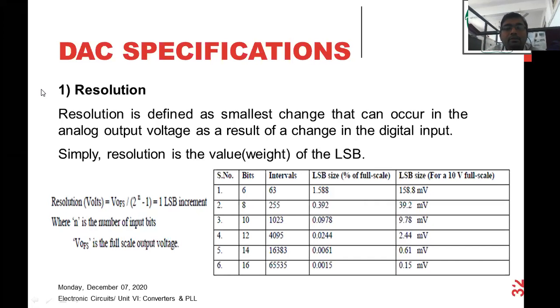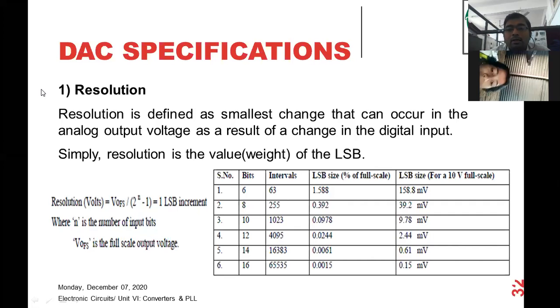Basically, it is defined as the smallest change that can occur in the analog output voltage as a result of a change in digital input. Because here the output is analog.